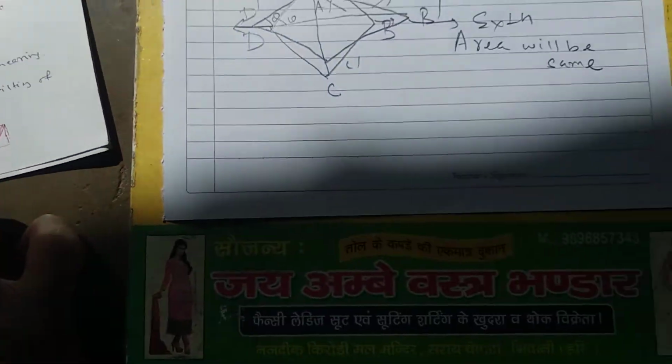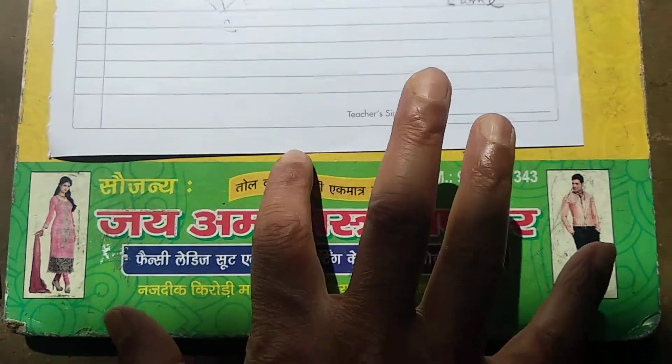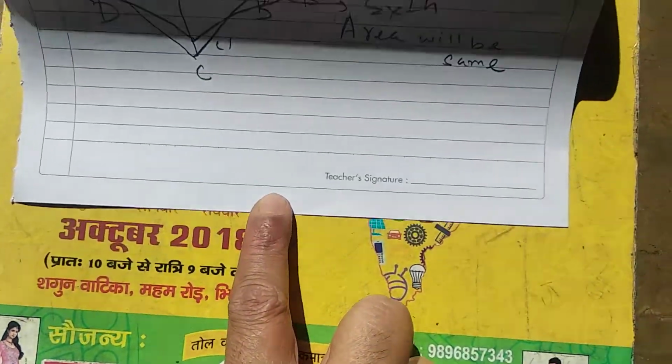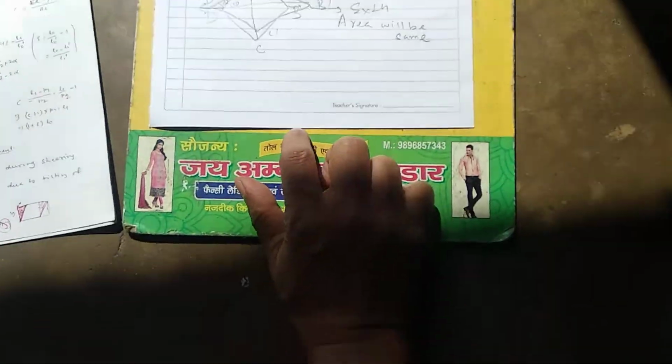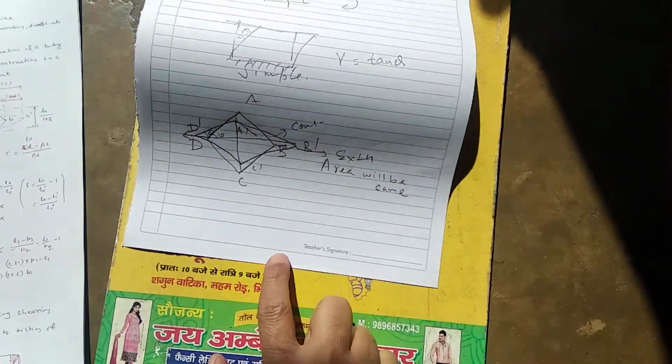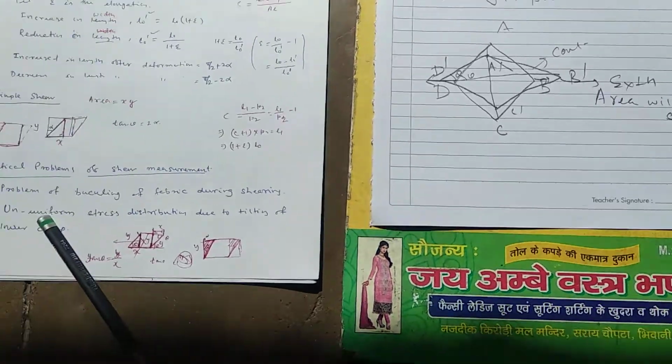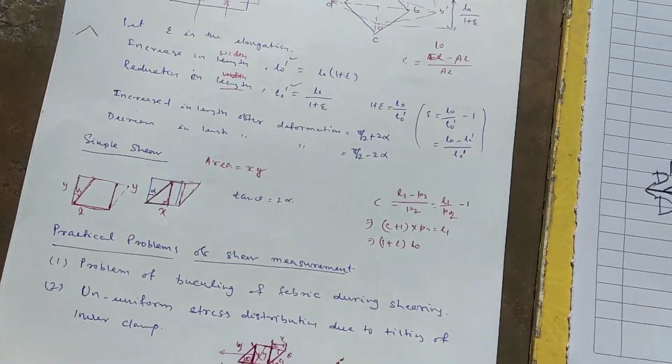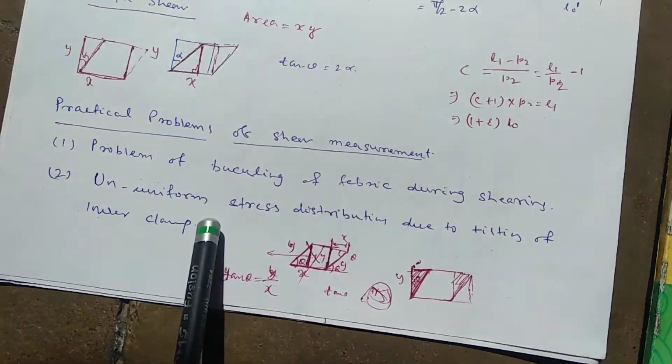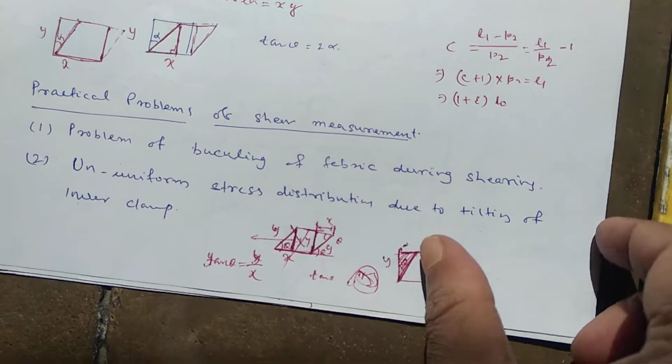So what is buckling? If I just push this one, what will happen? It will bend from its original position, right? So this effect we call buckling. Then there is a non-uniform stress distribution due to tilting of the lower clamp. That's why there are some practical problems.